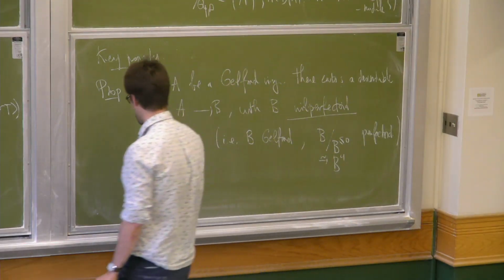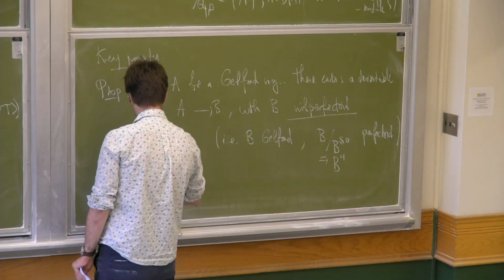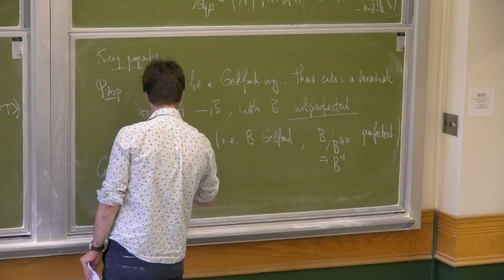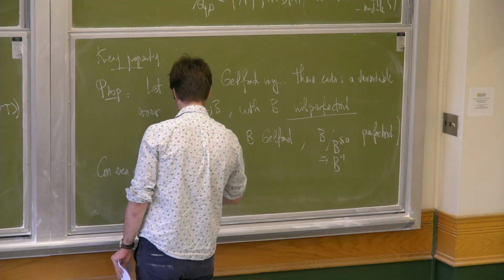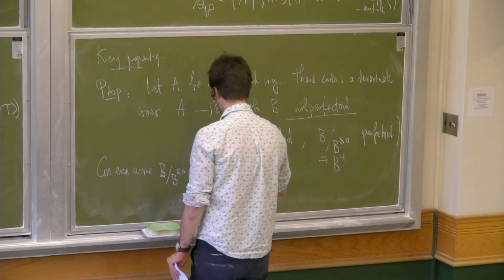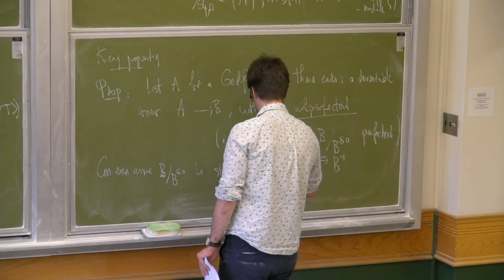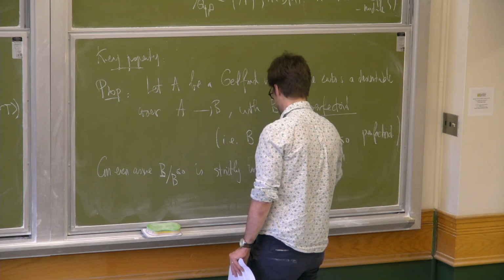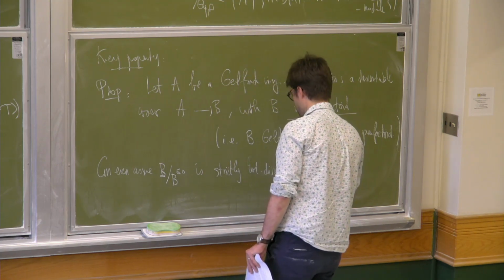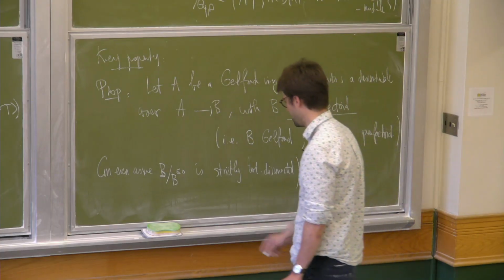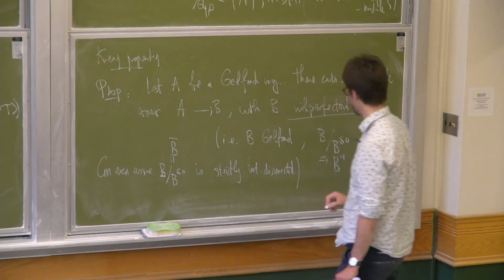And you can do even better. You can even assume that this dagger reduction is what is called strictly totally disconnected. So it's an even stronger condition. So it's not only just perfectoid, but basically it means that, so maybe let me introduce a notation for this kind of quotient.